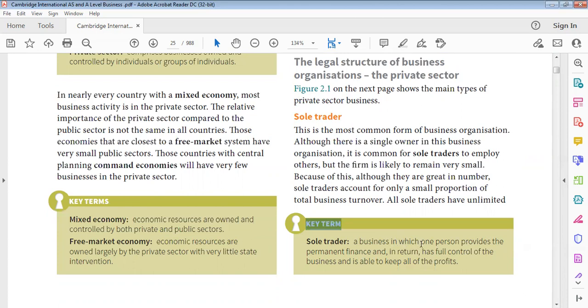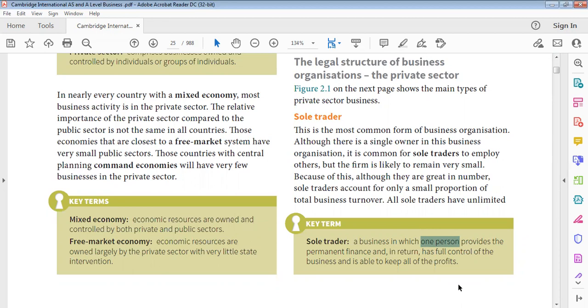A business in which one person provides the permanent finance. So this is the keyword here. It is owned and controlled by only one person. There can't be two sharing. For example, if me and my brother Arif open a business, it will never be a sole tradership business.